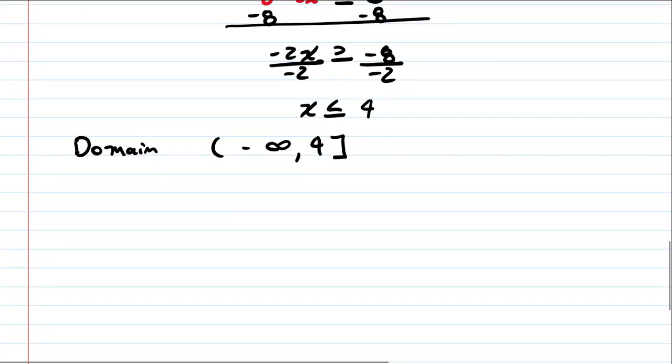Right, so our next type of function that we want to find the domain of is a rational function.